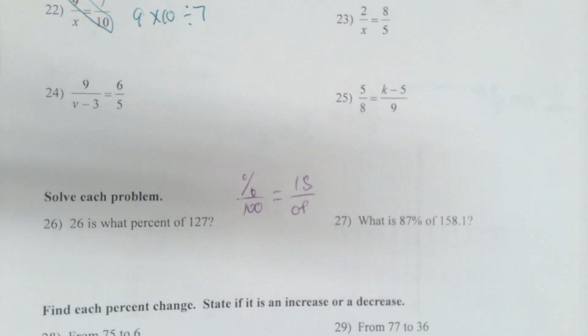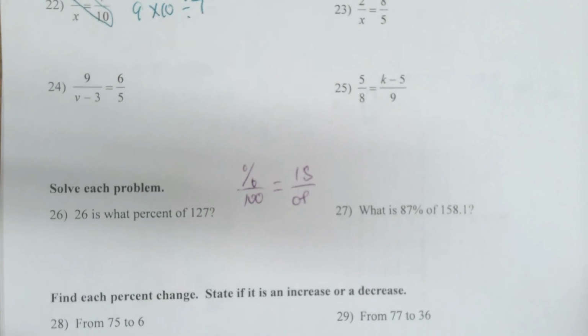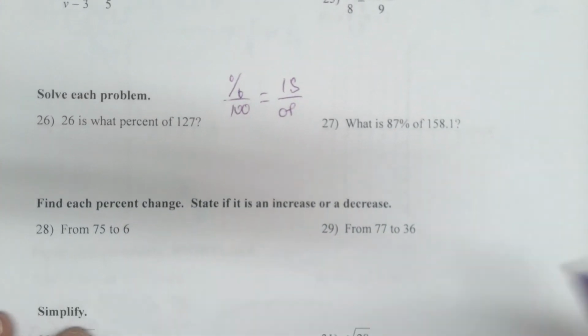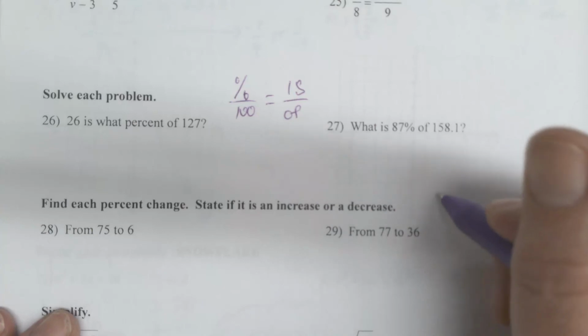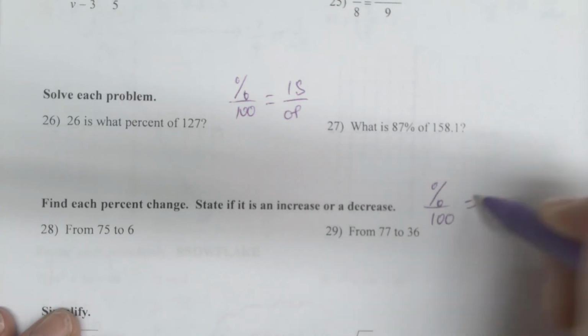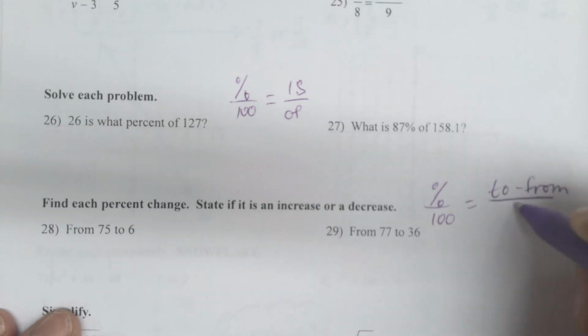And then it's just solving like a proportion. And then our percent change, increase and decrease, is percent over 100 equals 2 minus from over from.